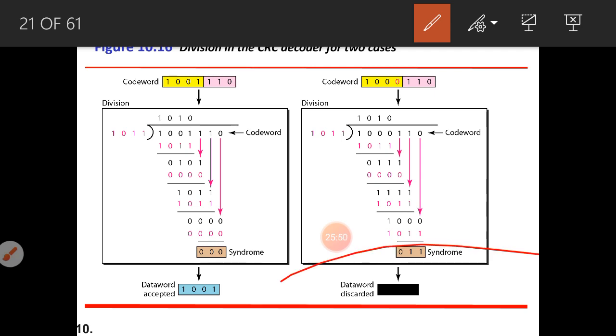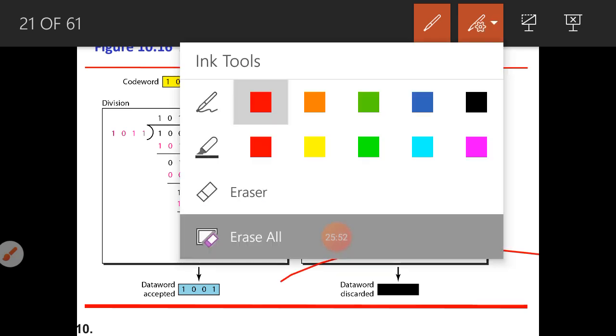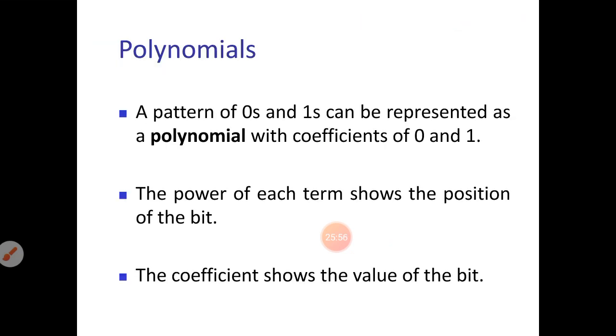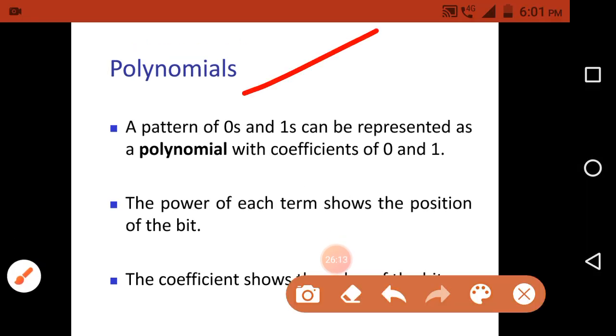Next we will move to the polynomial. In the previous slides we saw how to use binary values at the time of division. Now we have to see the polynomial. So what is a polynomial?